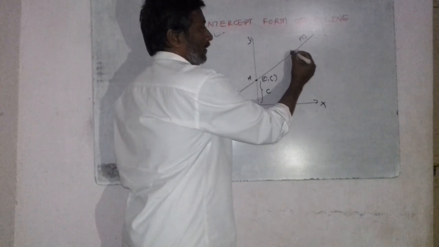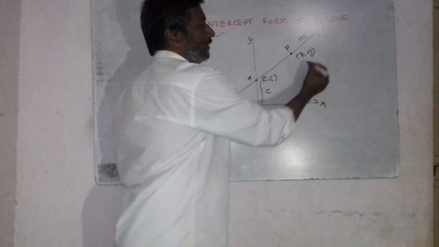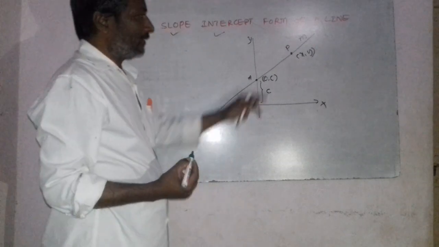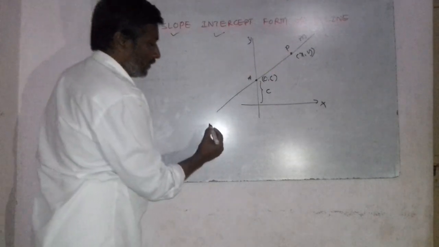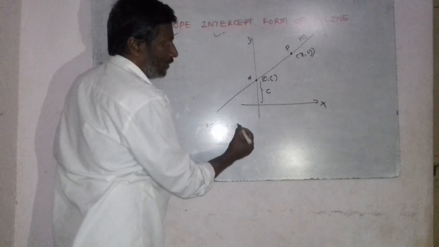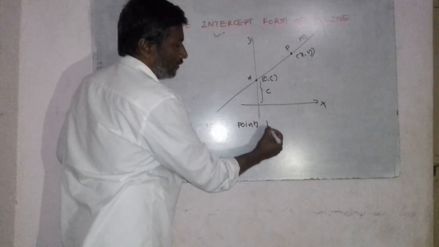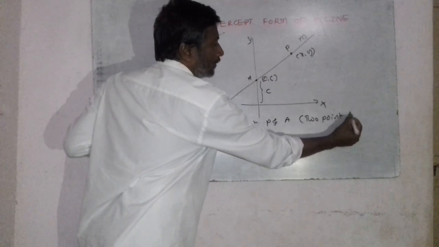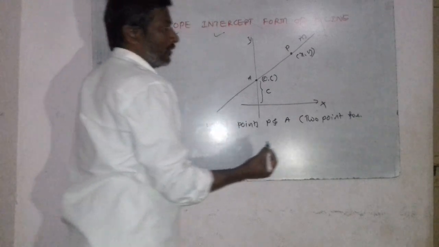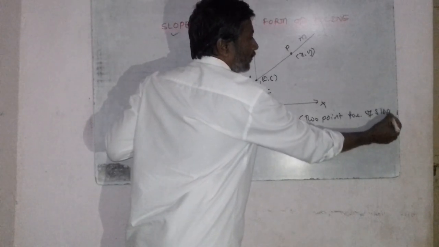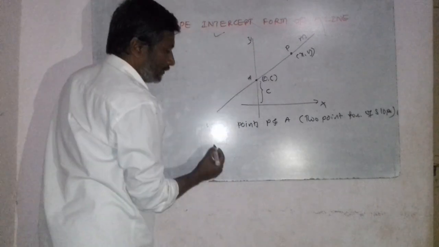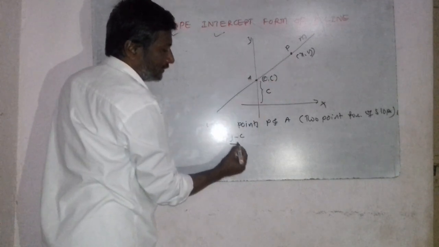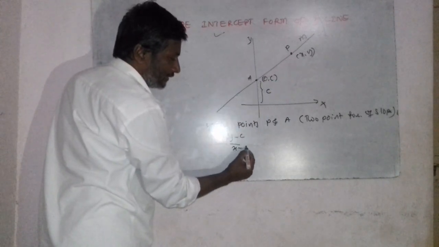Let P(x, y) be any point. Then using the 2-point form of slope with points P and A, this becomes y minus y1, that is y minus c, over x minus x1, that is x minus 0.